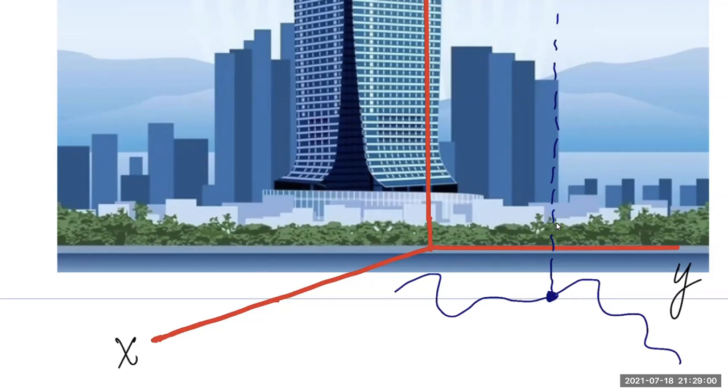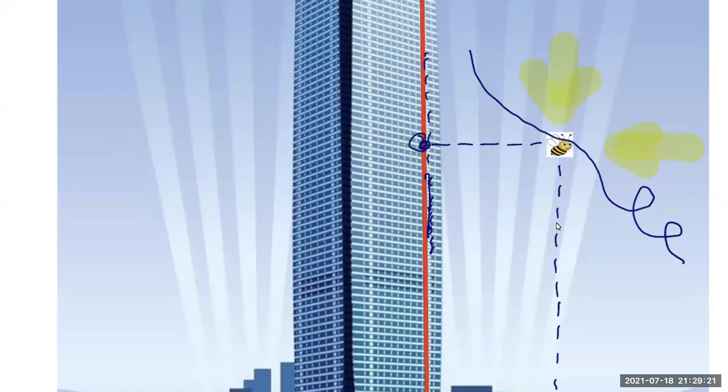And then we can further reduce it to two extra one-dimensional motions, one in the X direction, one in the Y direction, by breaking down the shadow on the XY plane to the shadow here along the X-axis and another shadow here on the Y-axis. So basically I look at all these three shadows, 1, 2, and 3, then we can figure out where the bee is at every point.